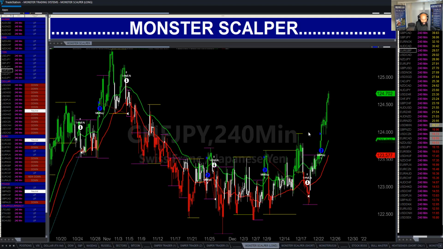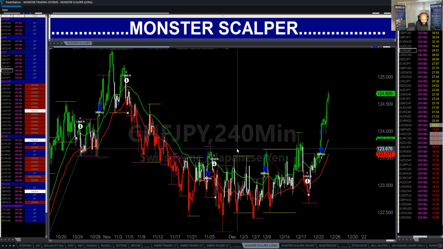Swiss yen, look at that. Nice buy signal here on this break of this resistance high. Really resistance is right here. Boy, that's moving up nicely on Swiss yen.